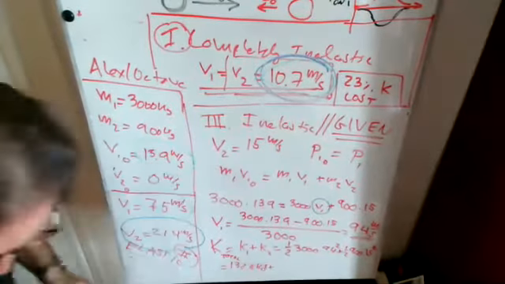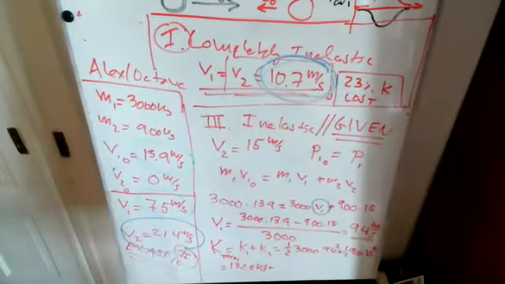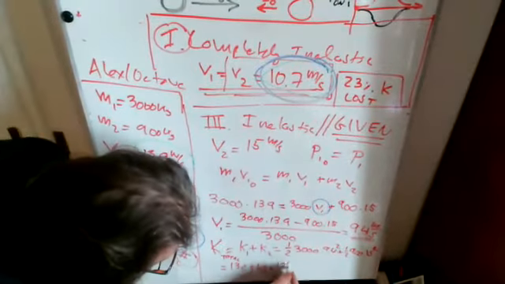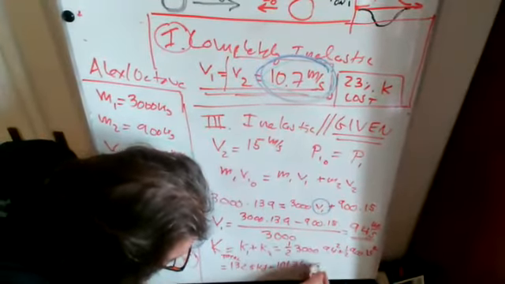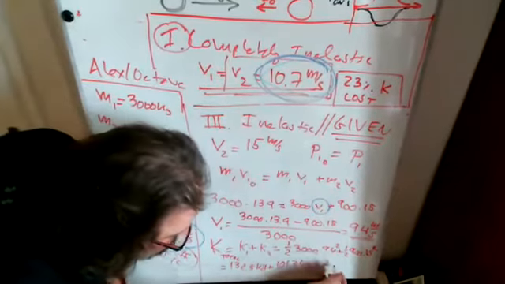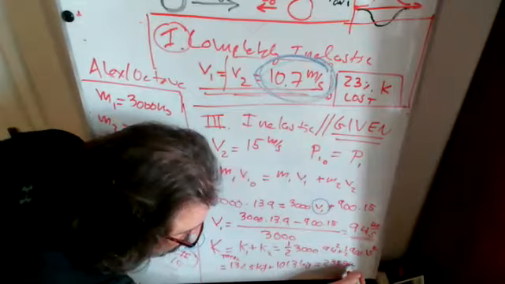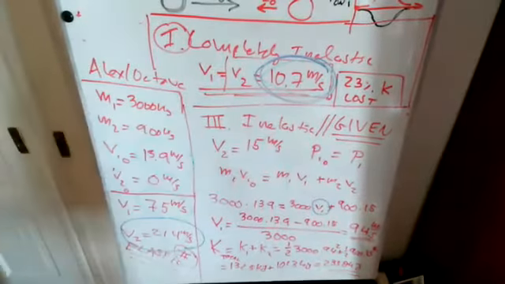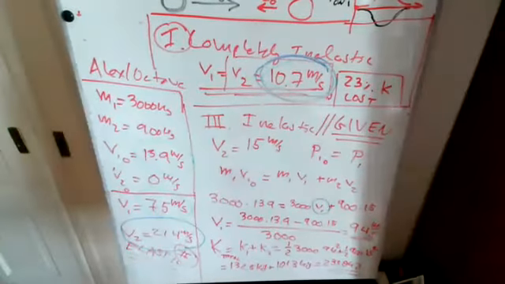Plus the other one, 15 squared times 450. I get 101.3 kilojoules. And I get a total of 233.8 kilojoules.